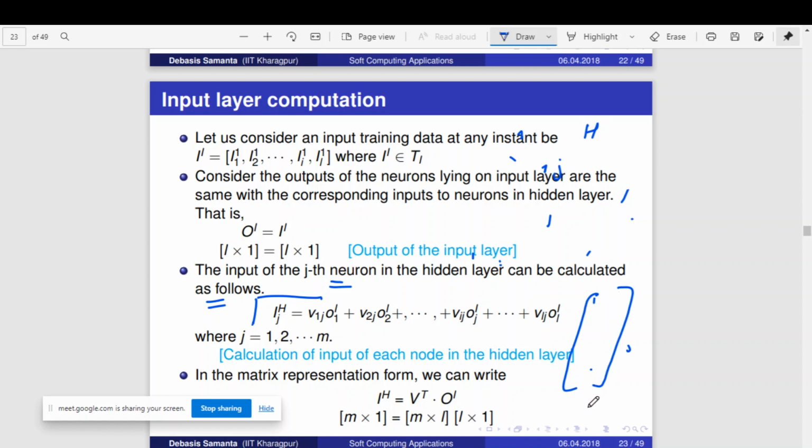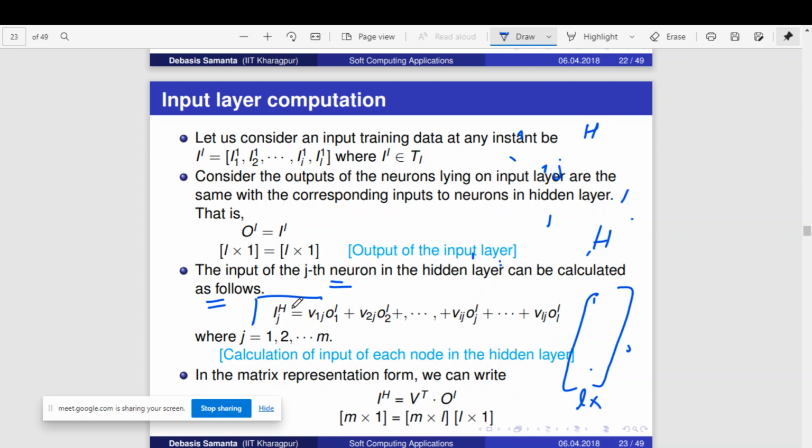No, no, only, no m here. Why are you saying m? L cross? Only input. It is not L. This is the hidden layer. Hidden layer's only input we are talking about, nothing else. Don't mix up with weight.